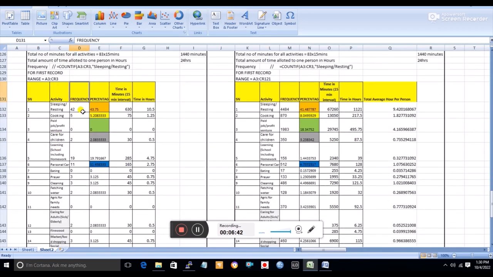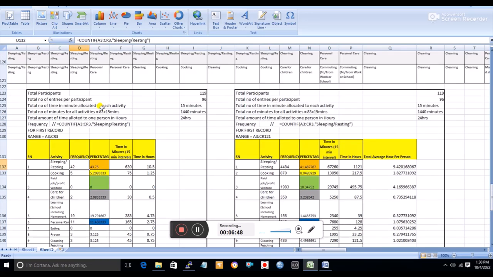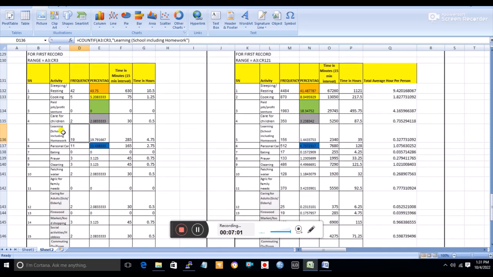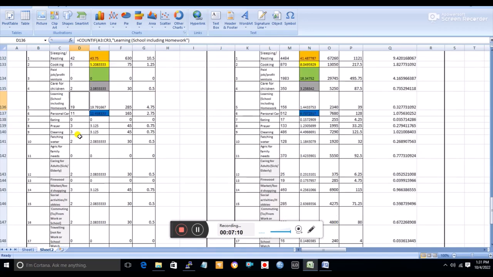So under the frequency, I employ that COUNTIF function, and I specifically use this as a field, and the system tells me for this particular respondent, the word sleeping and resting appeared 42 times, and the other one, learning in brackets school including homework, was 19 times.